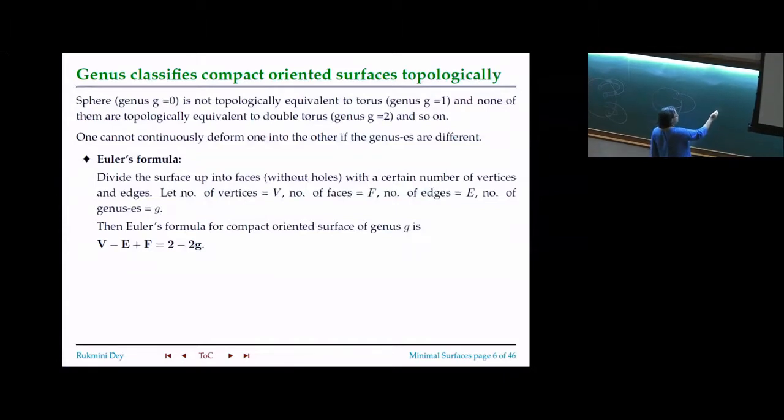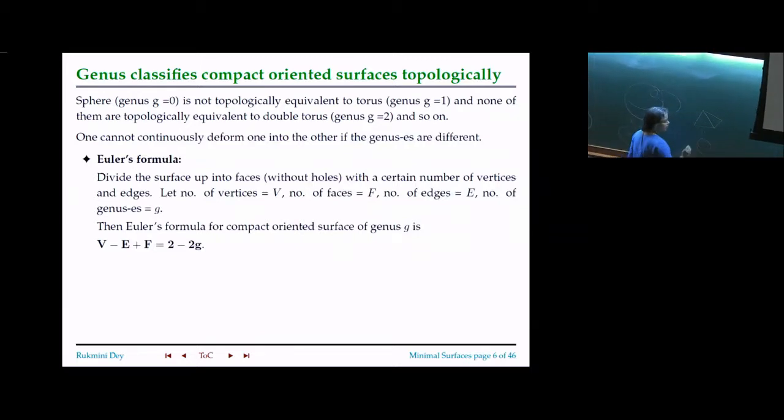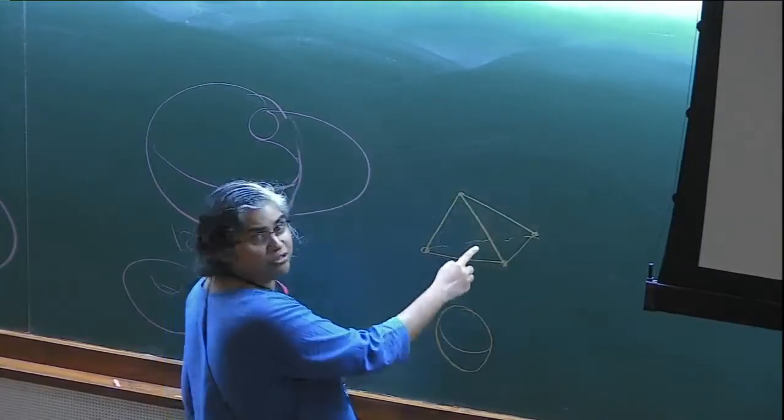So for example, this figure. You must have seen this figure. This is the tetrahedron, right? And actually it's topologically equivalent to the sphere. But the sphere has somehow been broken into 1, 2, 3, 4 faces.